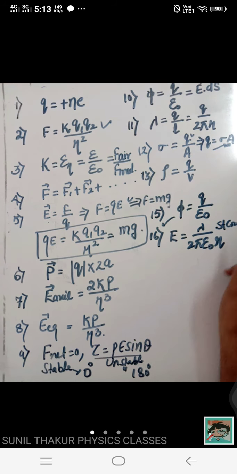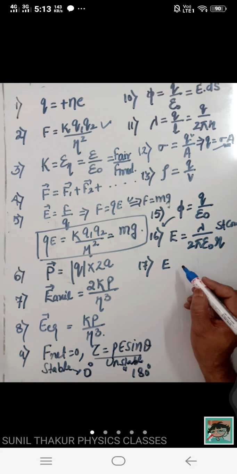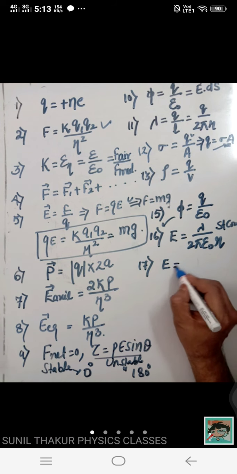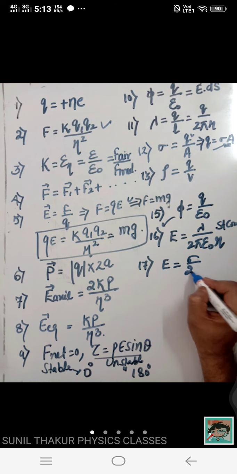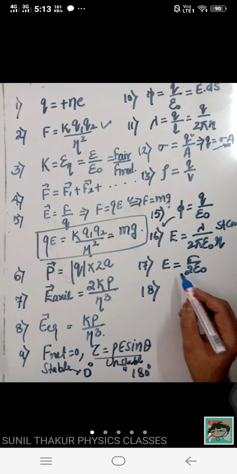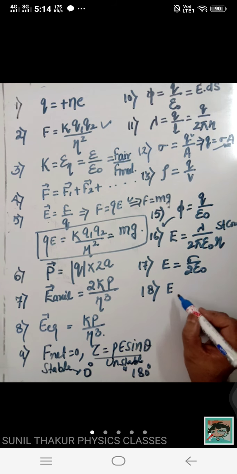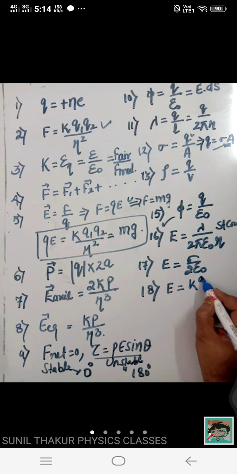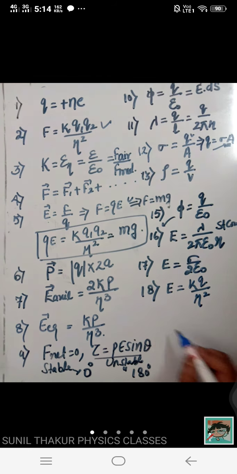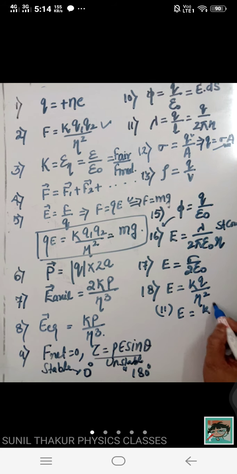Straight conductor. 17, the electric field due to a thin plane sheet, E is given by sigma upon 2 epsilon naught. 18, the electric field due to a hollow spherical shell outside is equal to kq by r square. Second part, on the surface, the electric field equals kq by R square, where you simply replace small r by capital R.